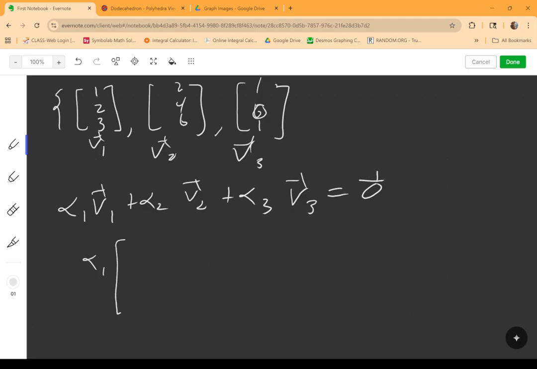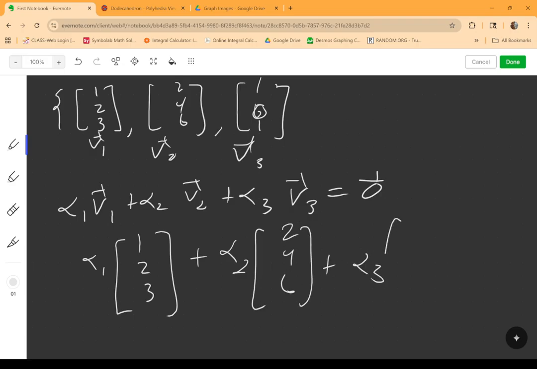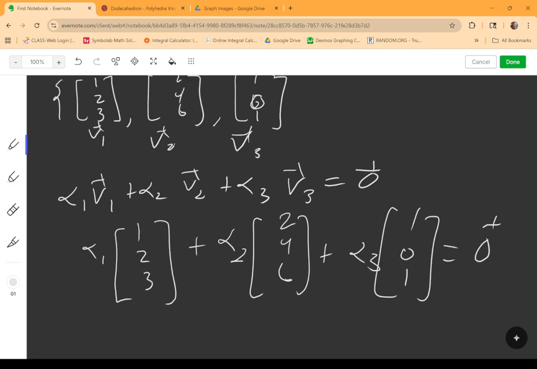So we get alpha 1 times (1, 2, 3) plus alpha 2 times (2, 4, 6) plus alpha 3 times (1, 0, 1) equals the zero vector.